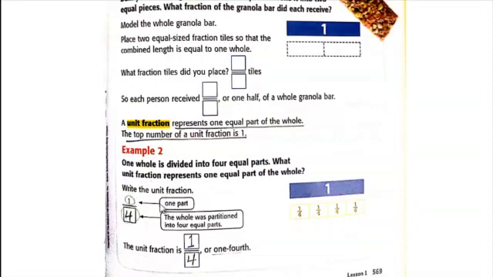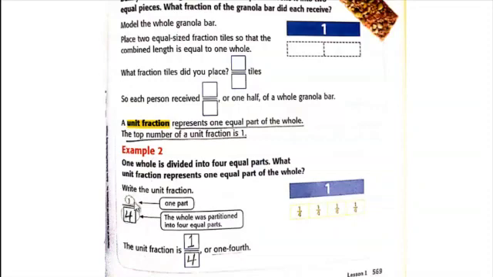Write the unit fraction. First, a fraction represents a part of a total number. Okay? If we take 1 from this whole number that we divided into 4 parts, okay?